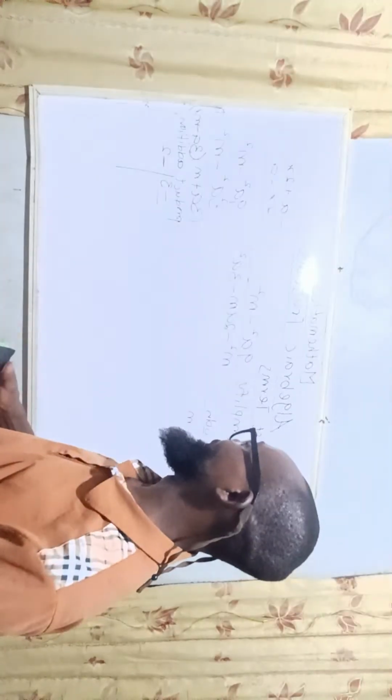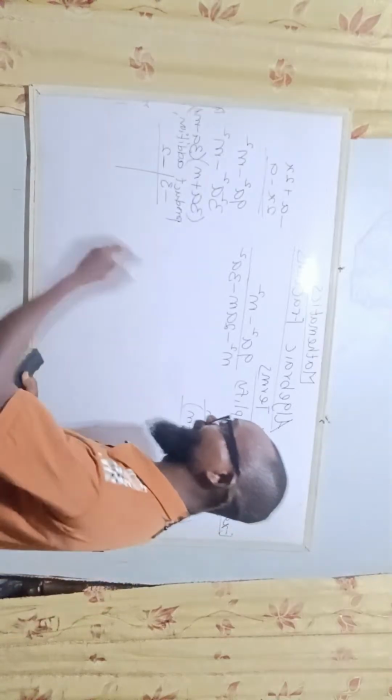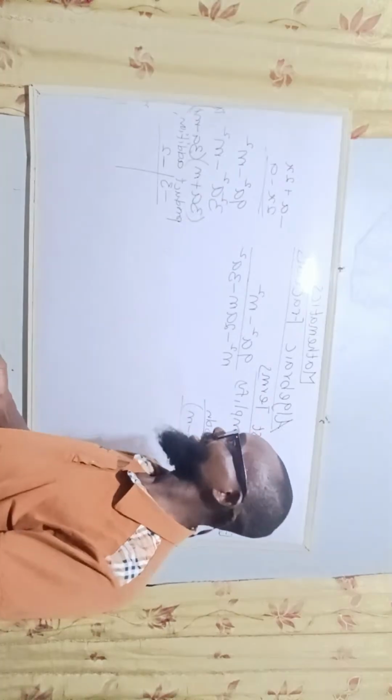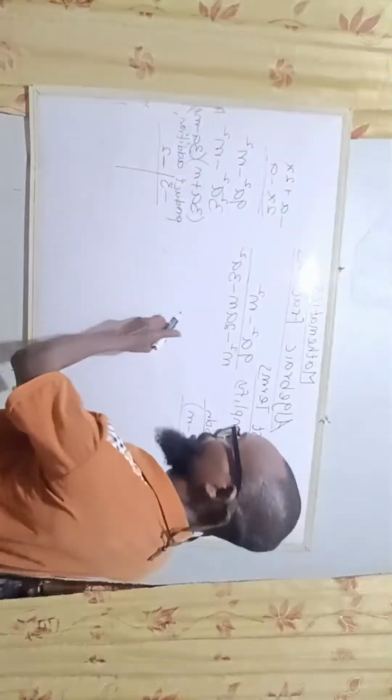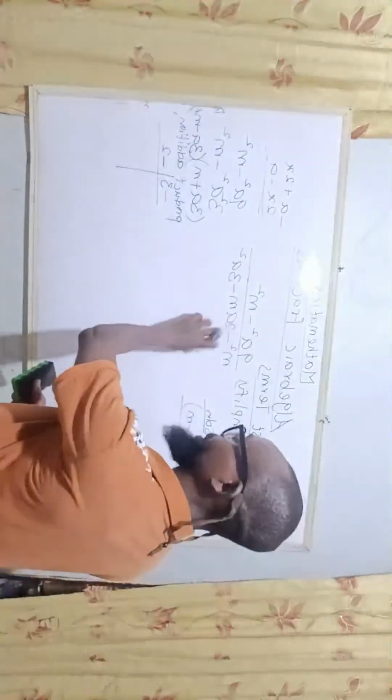So what are the numbers? If you use 3 and 2, you cannot get it. Okay, let's do it this way.